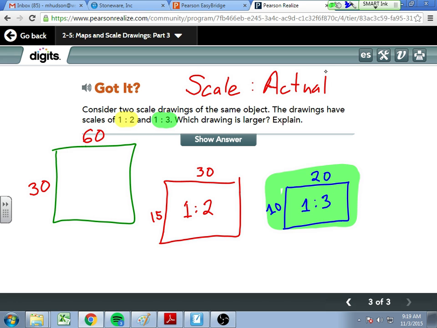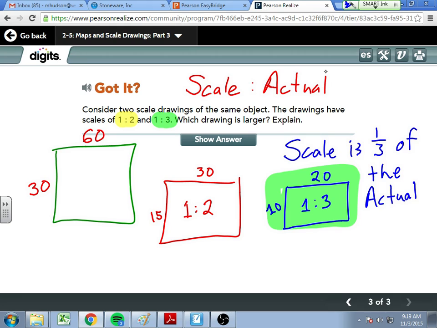Because the statement you could say here is the scale is 1/3 of the actual, whereas here for the red one, the scale is 1/2 of the actual. Which would you rather have? Half a pizza or 1/3 of a pizza? Half. The half is going to be more.